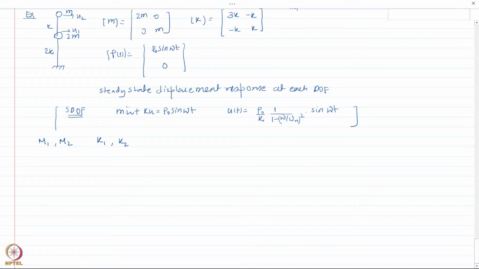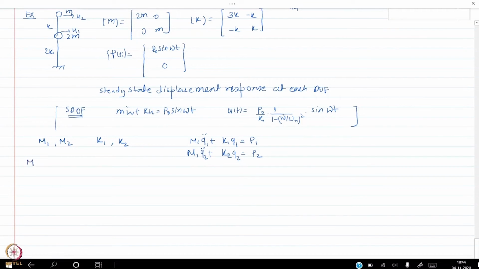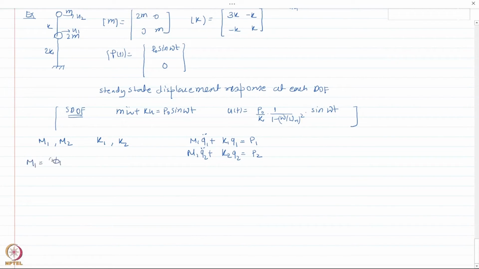Then I can write the equation of this form: m1 q1 double dot plus k1 q1 is equal to p1, which is the normalized excitation for mode 1. Similarly, I can write this equation equal to P2. M1, M2 can easily be found if we write M1 as phi 1 transpose mass matrix times phi 1.